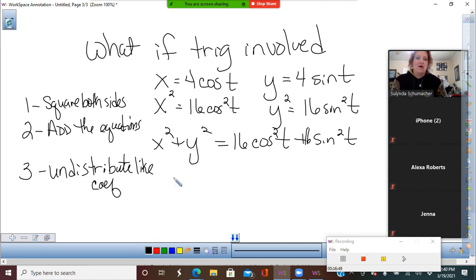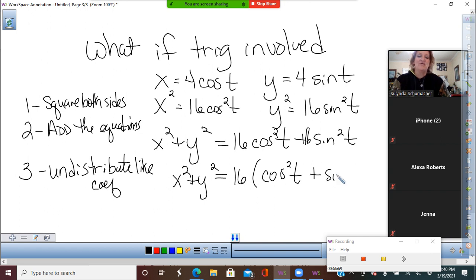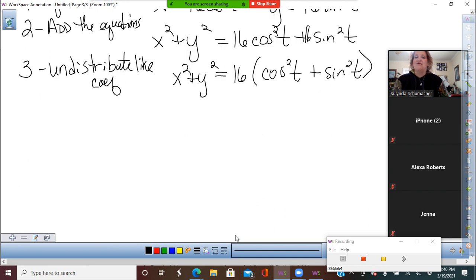All right, so this side's going to stay the same. x squared plus y squared equals 16 times cosine squared t plus sine squared t. Now, you guys are going, oh, I know what that is in the parentheses, right? So here I want you to simplify that parentheses.